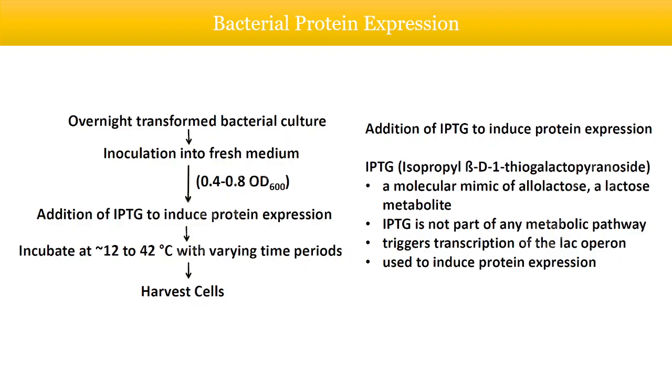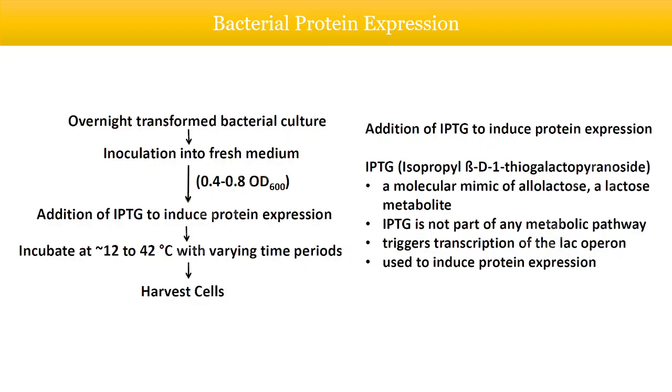So IPTG is an inducer. It's a molecular mimic of allolactose, which is a lactose metabolite. It does not take part in a metabolic pathway. It triggers the transcription of the lac operon, and it's used to induce protein expression. So upon the addition of IPTG, the protein expression starts.